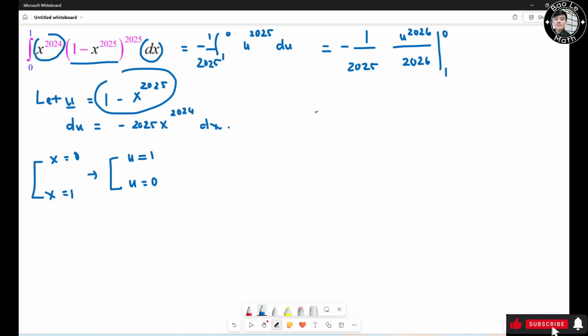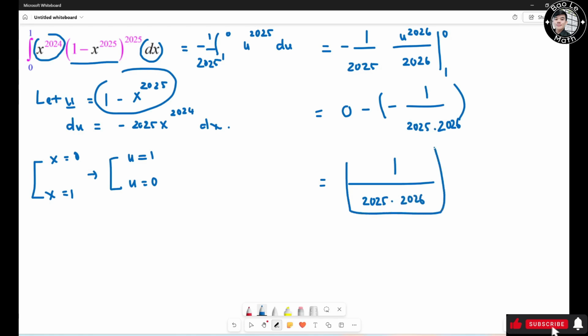Now you substitute 0 over here, it's going to be 0, so it's 0 subtract negative, substitute 1 over here, it's going to be 1 over 2025 times 2026. Negative times negative is going to be positive. So the answer is 1 over 2025 times 2026. This one is the final answer.